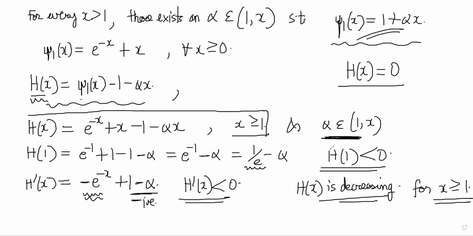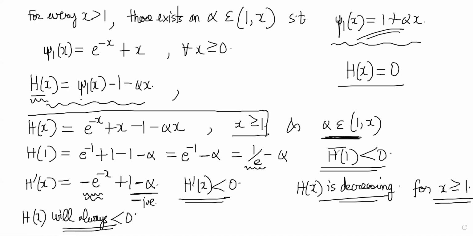If h x is decreasing for x greater than or equal to 1 and h 1 is already less than 0, then we can say that h x will always be less than 0. See, at the starting point of the interval the h function is already negative, and we have shown that it is further decreasing. So it can never become 0, right?